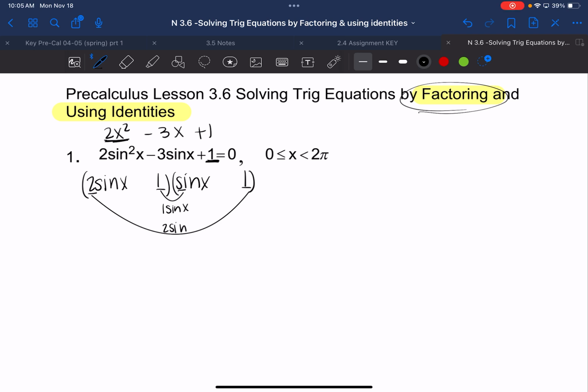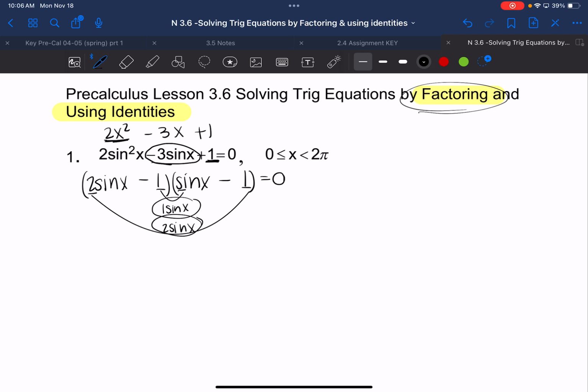And my goal here is to get -3, right? The number in the middle is what they're supposed to add to. What would my signs need to be for this and this to give me -3 sine? I need them to both be negatives, right? Okay, so those are my factors.